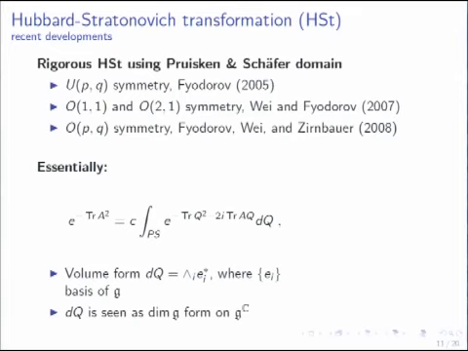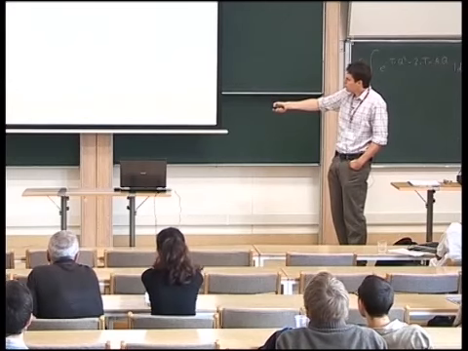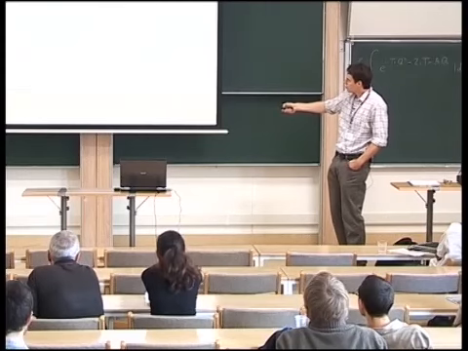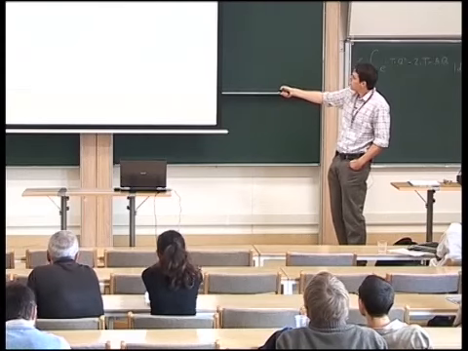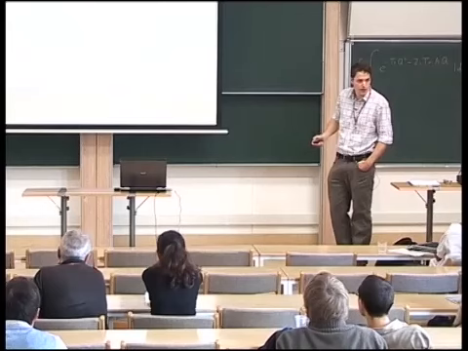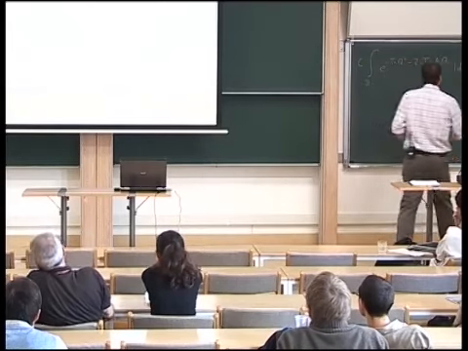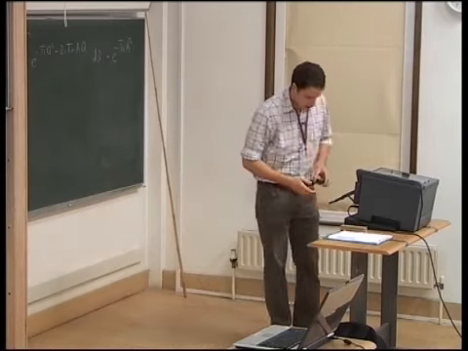Choose a basis of g, some basis vectors e_i, and dQ is then just the wedge product of the dual basis vectors of the e_i. This dQ can then be seen as a differential form living on this complexified vector space where all these domains are in. So essentially, I shall just erase these bars here.